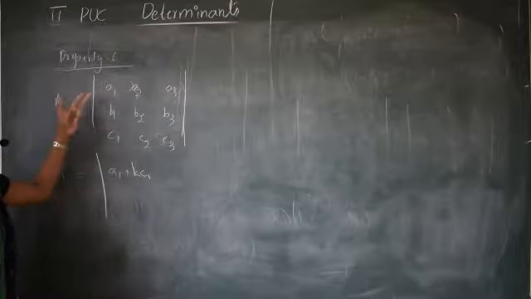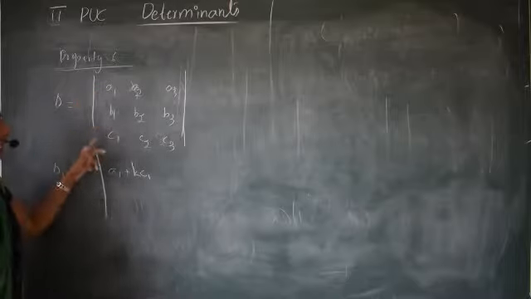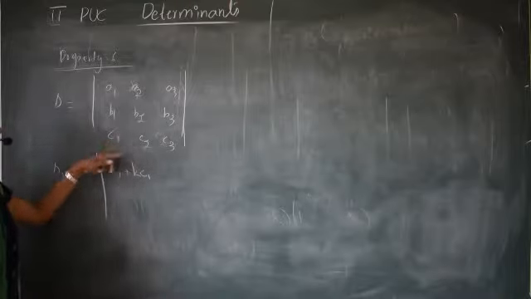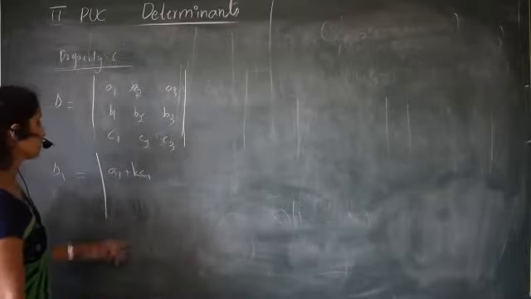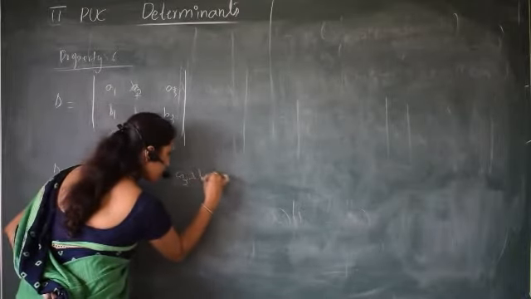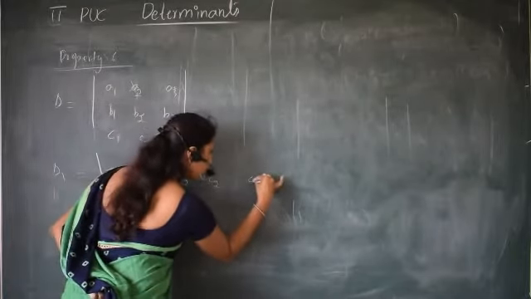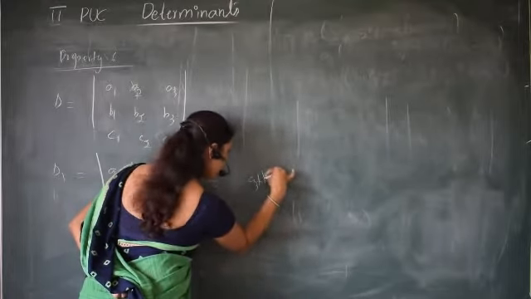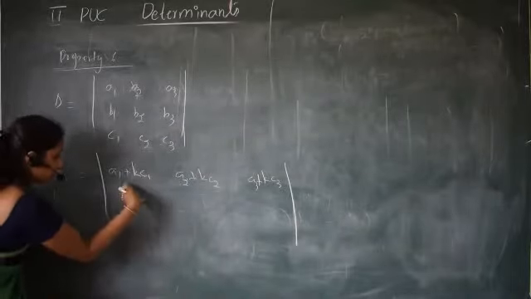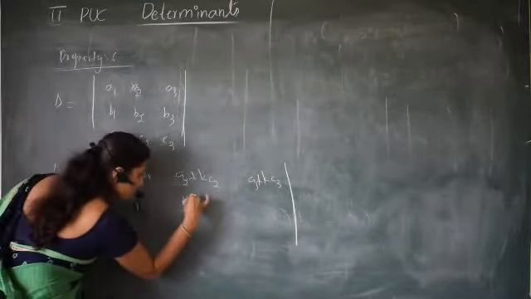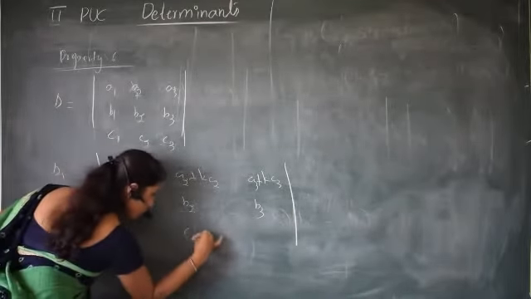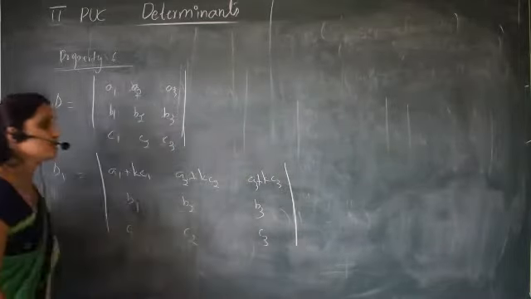So the first row is A1 plus K into C1, A2 plus K into C2, A3 plus K into C3, and the other rows remain B1, B2, B3 and C1, C2, C3.